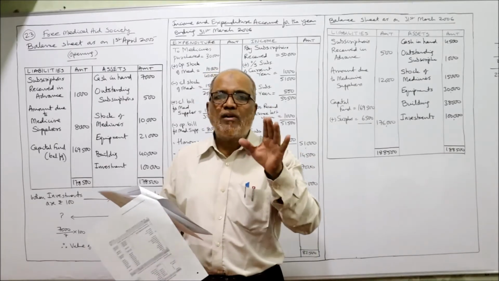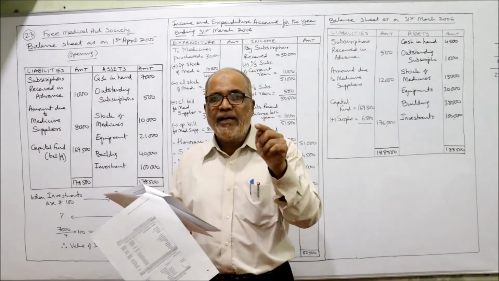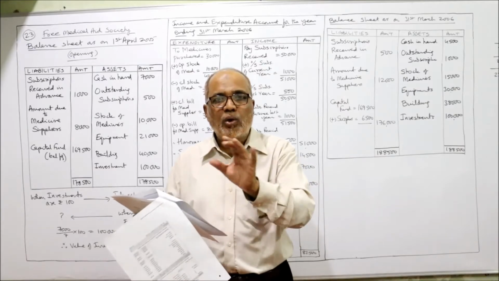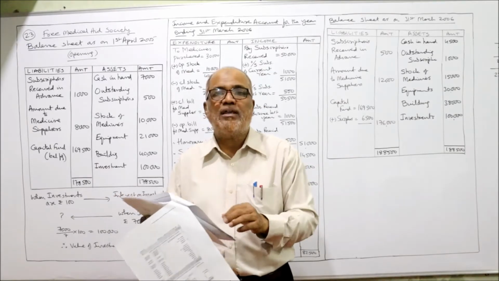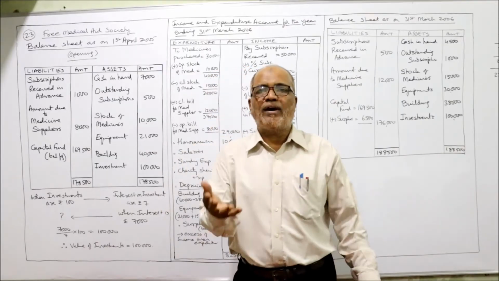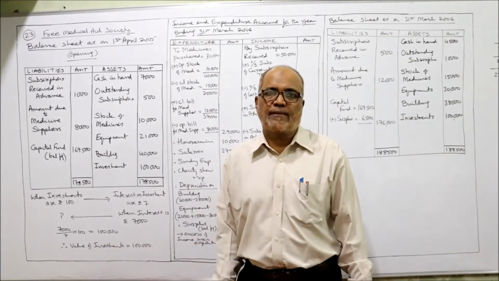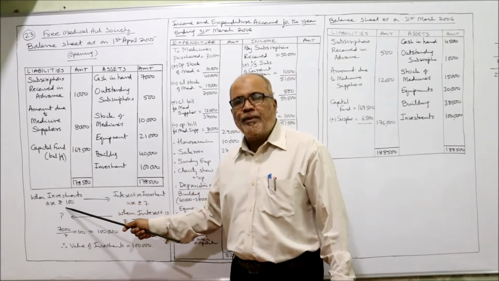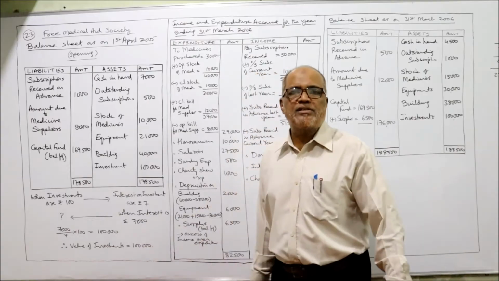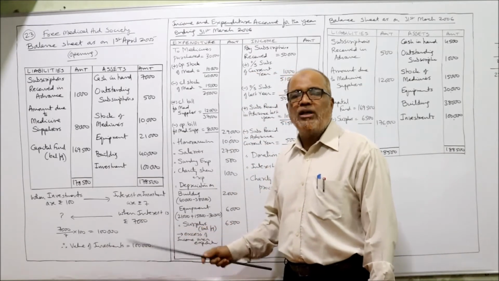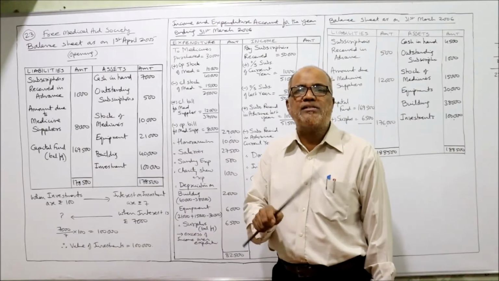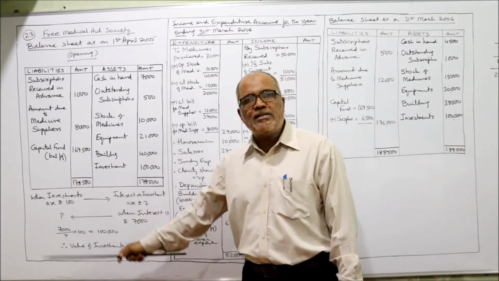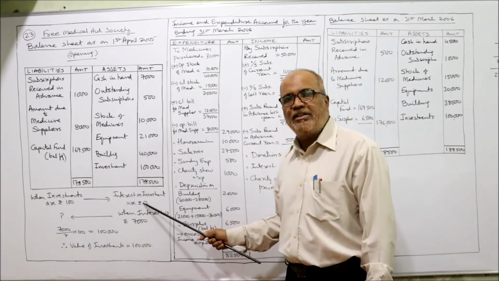In this problem, the value of the investment is not given. But interest on investment is at the rate of 7%, and the total interest shown here is 7,000. Using this information, we find the value of the investment. When the investment is ₹100, the interest will be ₹7, because the rate is 7%.